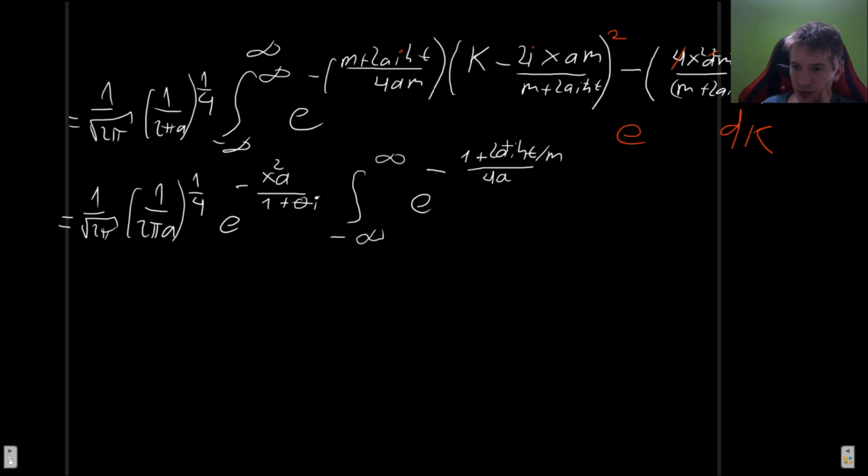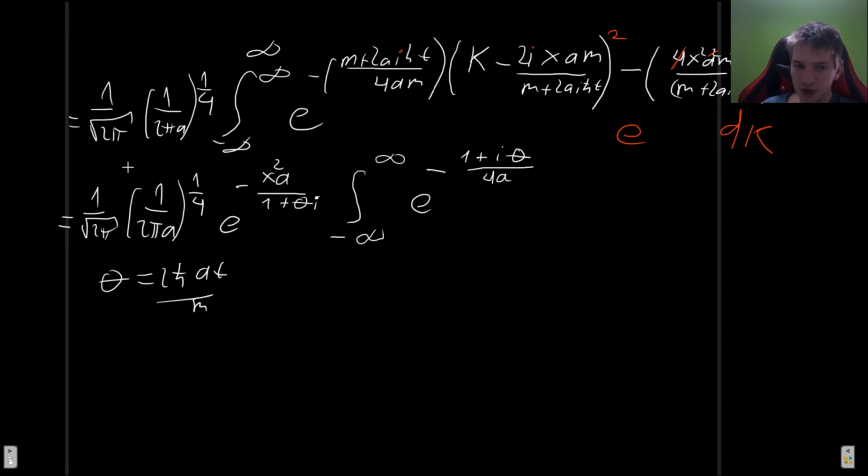So here we can also write, well, maybe I should have erased it, but remember theta is just 2 h bar a t divided by m. So here this is also going to be theta times i, so this here is just i theta.